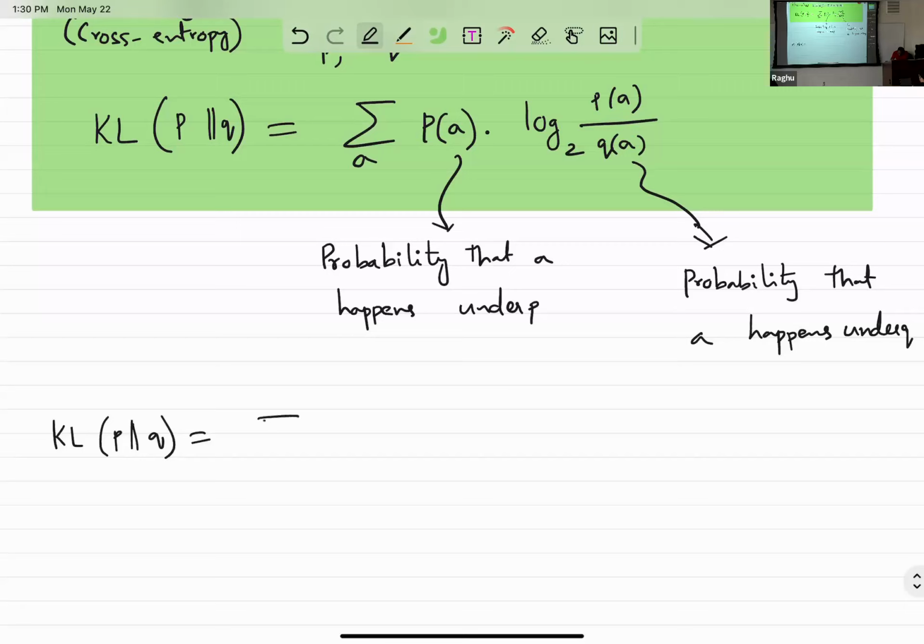If I expand it out, what am I getting? It's P of A times log of the ratio of two things, which is the difference of logs.